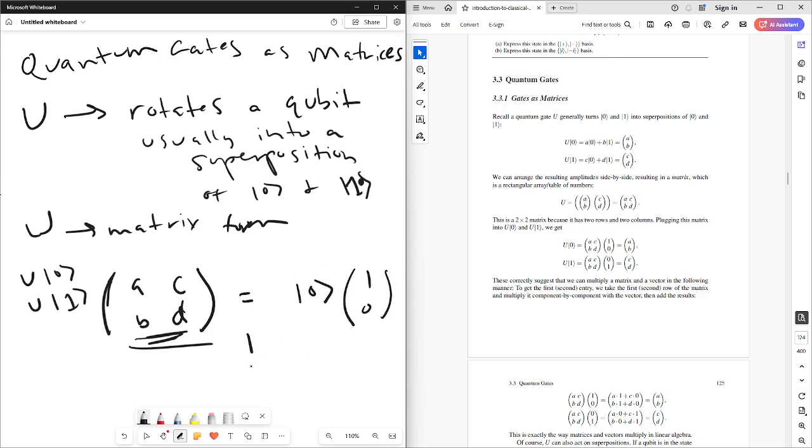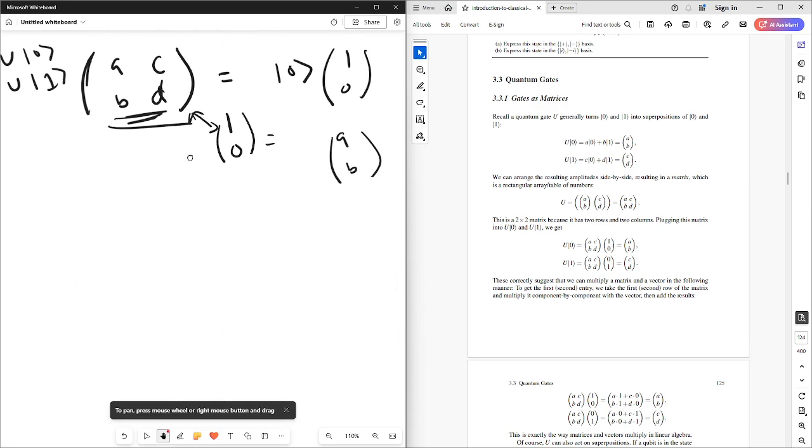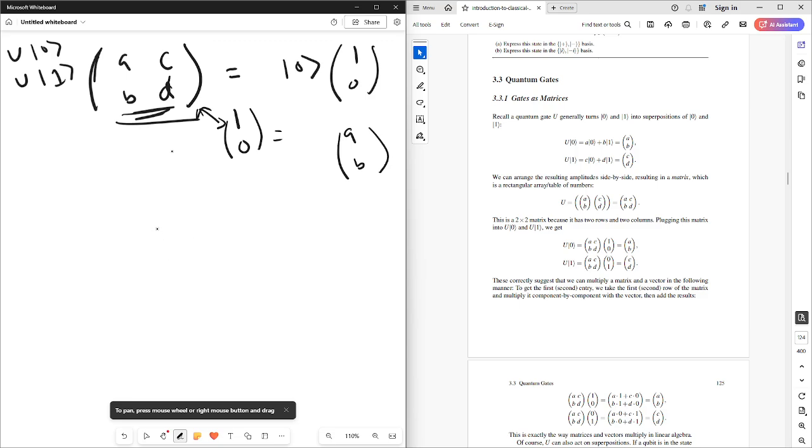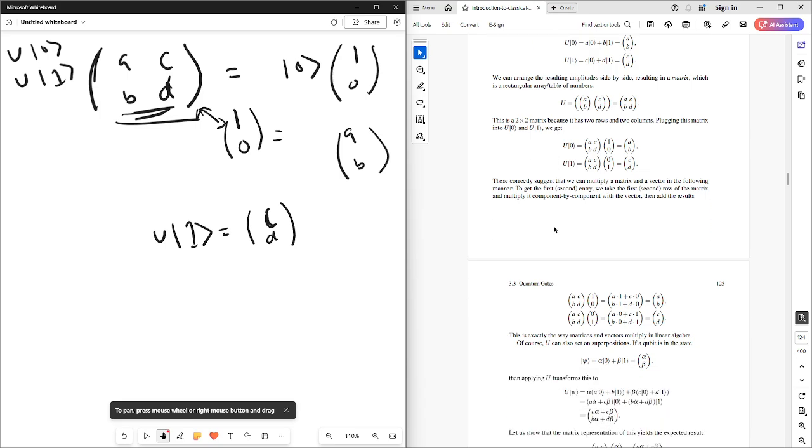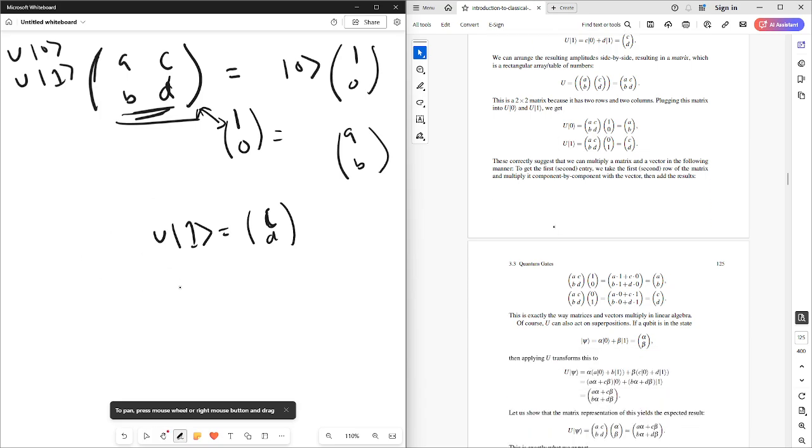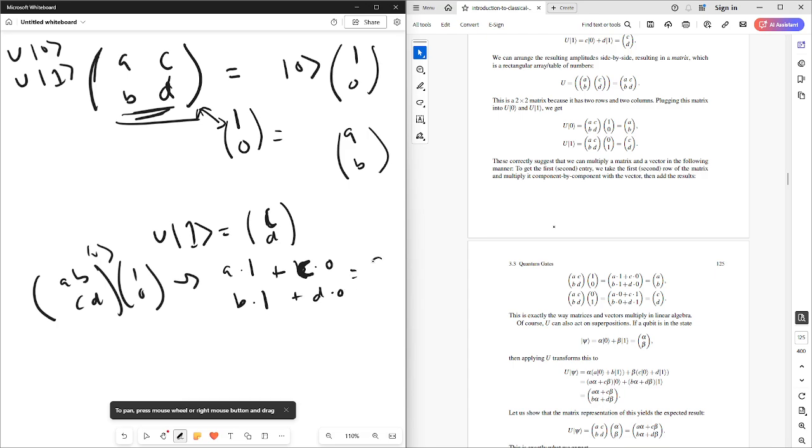So we've got (1, 0) and our matrix, and this results in A, B. And vice versa for state 1. So for example, for 0, we'll take this and assess it: A times 1 plus C times 0, and B times 1 plus D times 0, which leads us to A, B.